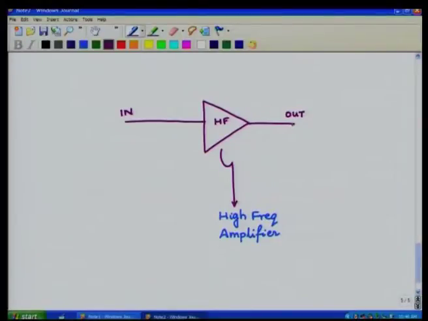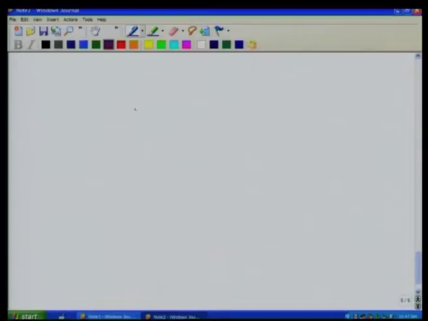But you should note that the input and output of a high frequency amplifier may be routed differently on the printed wiring board. For example, they could be routed like this.